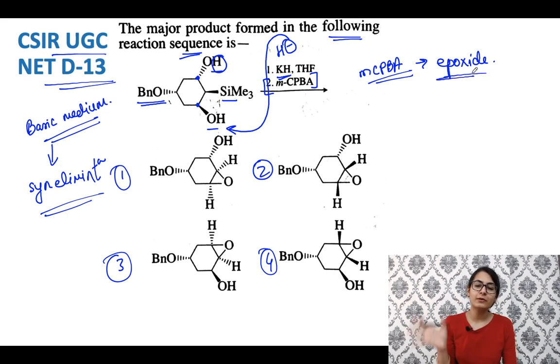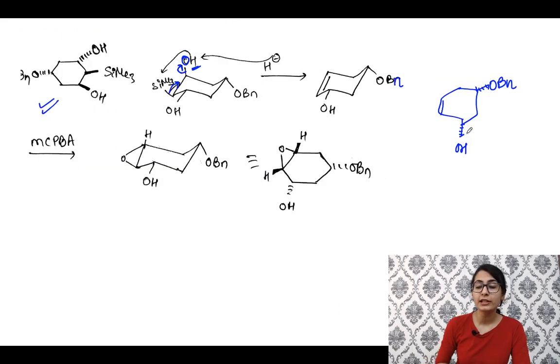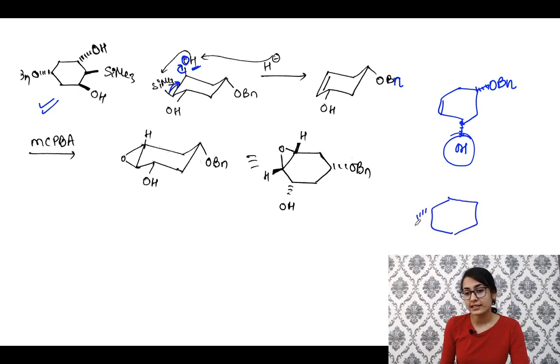Again, we are going to talk about it in some other video, but let me quickly tell you that the formation of an epoxide by metachloroperbenzoic acid is going to give you the epoxide on the same side as our alcohol. So if there is already an alcohol present in the molecule, yes, we already have an alcohol present in the molecule, allylic alcohol. So that's going to determine where the epoxide is getting formed.